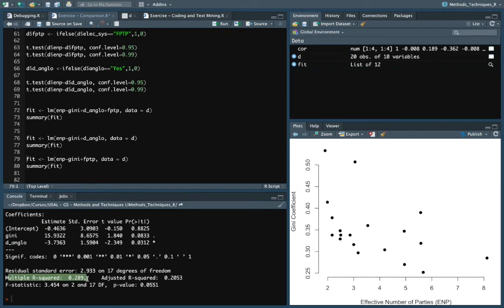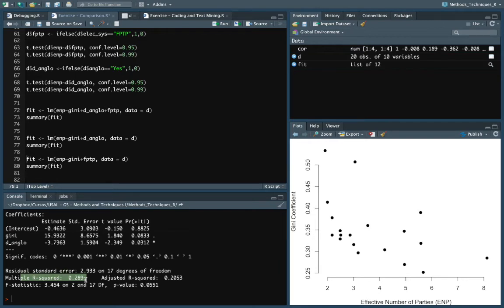Okay, so another important thing to look at is the multiple R squared. The R squared is the same number as when you do the scatter plot. You remember when you do the scatter plot, in Excel it appears an R with a square, and the number is the same thing. This is the coefficient of determination.